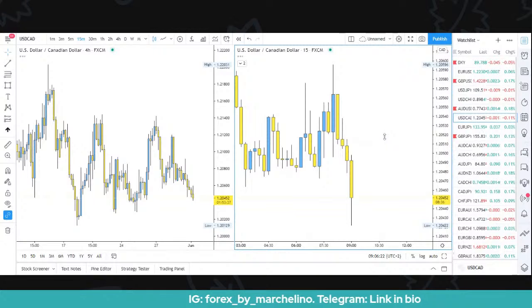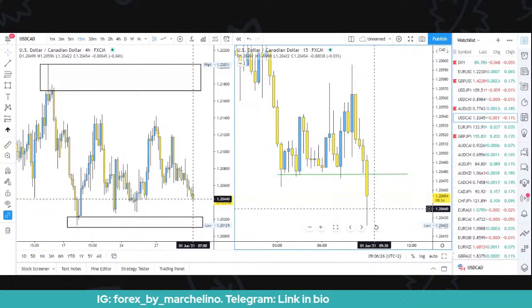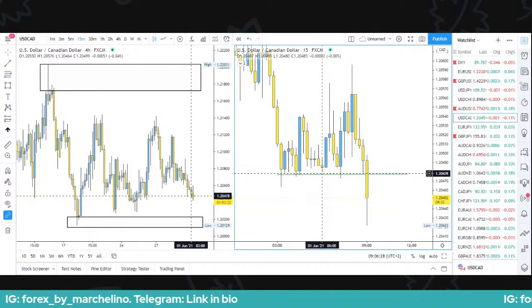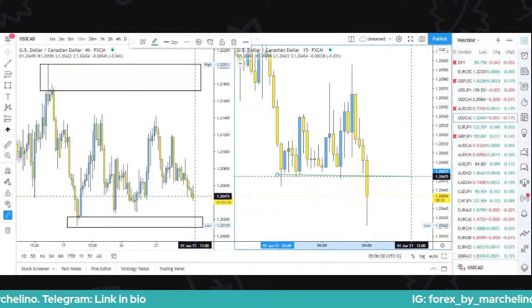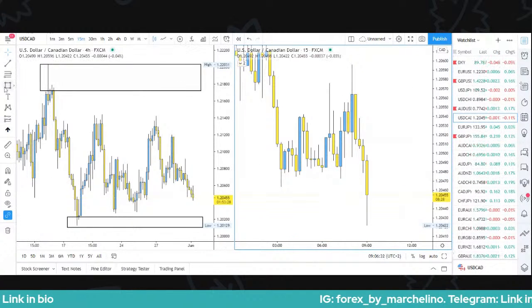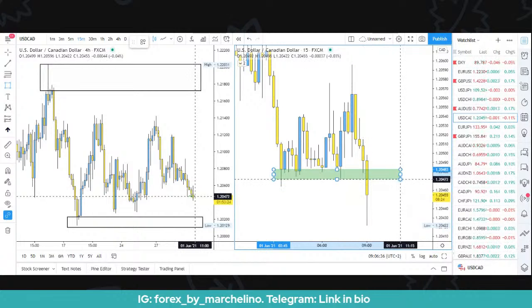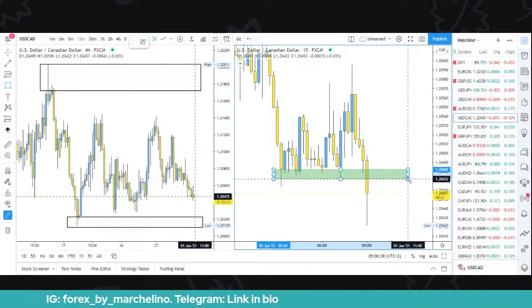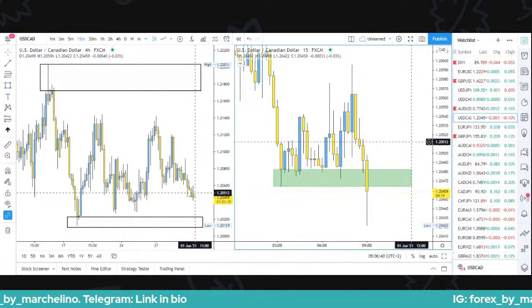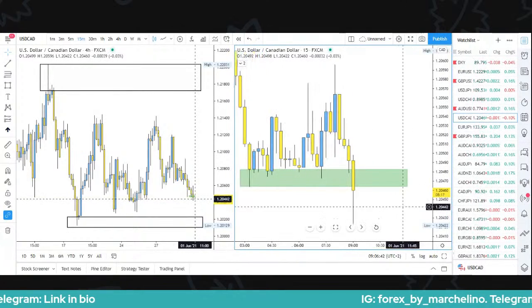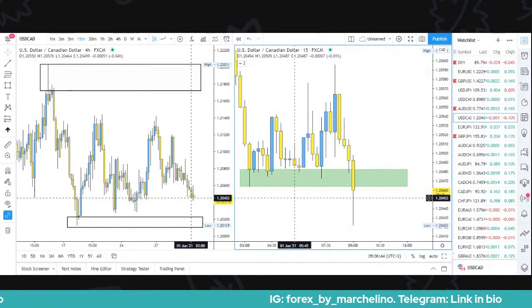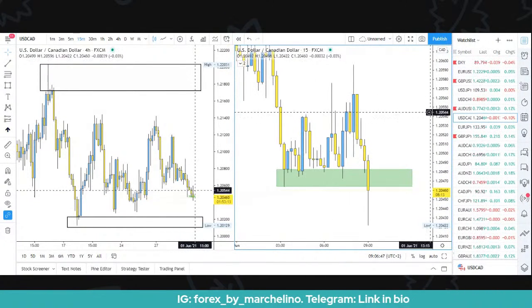I think USD CAD, if we can close with more strength, what we can then see is, let me cover most of these wicks. But if we don't close with strength, that means there's possible bullish pressure in the market.